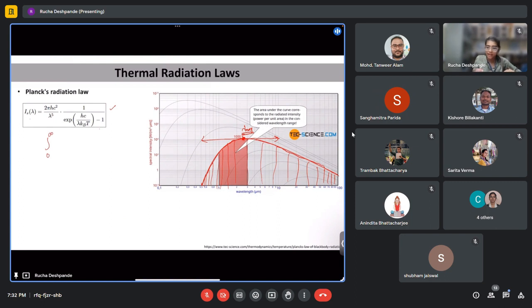So we'll try to see the derivations of these two equations. It's not very difficult, so we'll try to derive those.